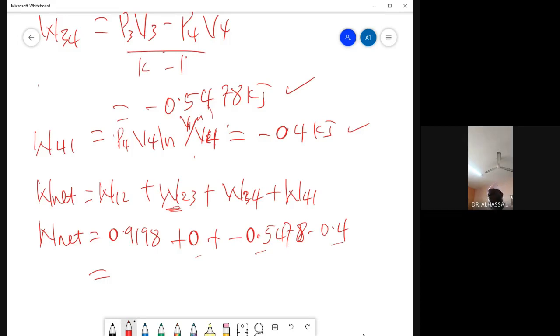How much? 0.028, negative 0.028 kilojoules. Okay, so this is the end of this tutorial.